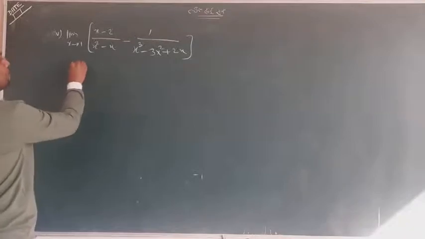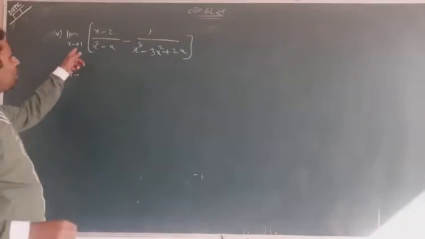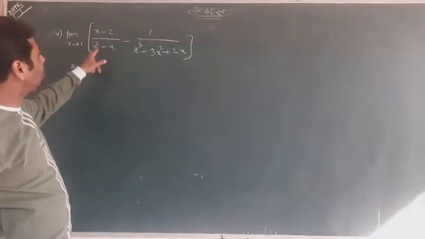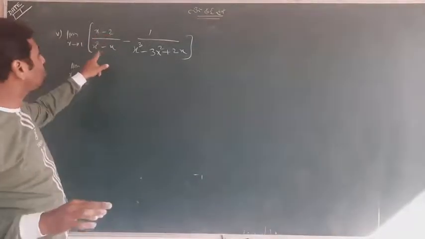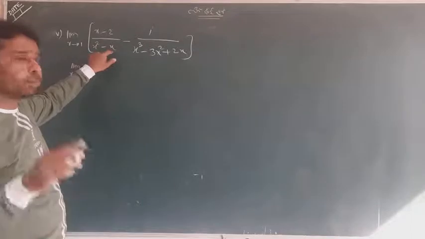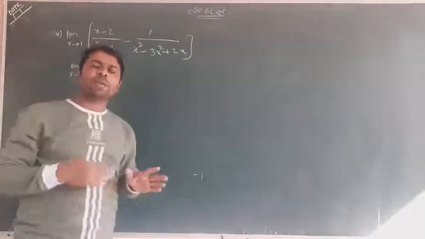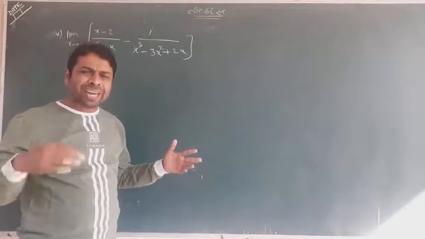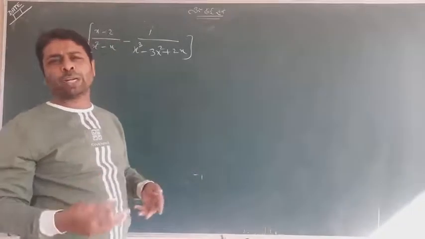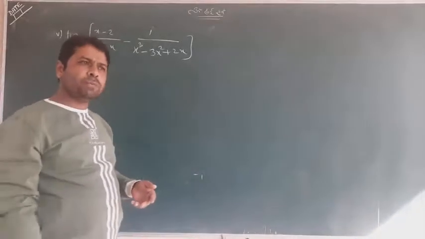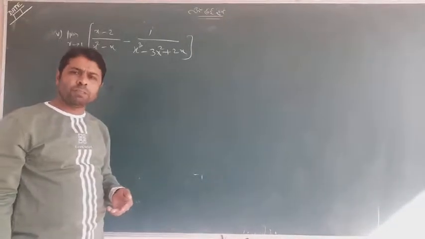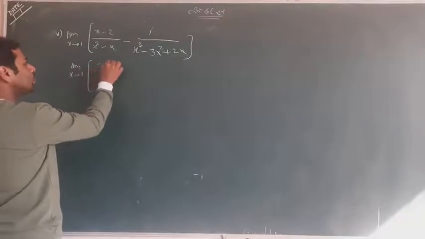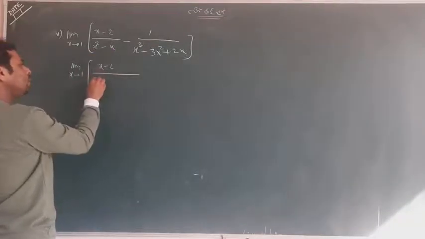What will you do? I am not putting in the limit 1 directly, because after putting 1, 1 square, meaning 1 minus 1, will be 0. If the denominator is 0, the whole answer does not exist. So we need not put it in and show that it does not exist. We know it does not exist, so we will simplify the question. How can we simplify the question? Look at it, it is my x minus 2. I'll take x common.